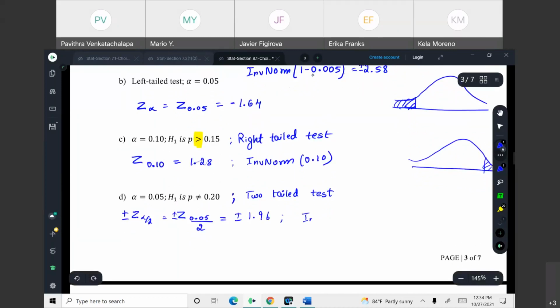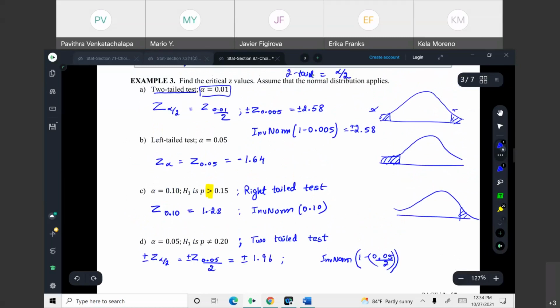You will be using inverse norm of 1 minus 0.025, which is 0.05 in the two-tailed case. Inverse norm. So that's how you calculate the critical value.